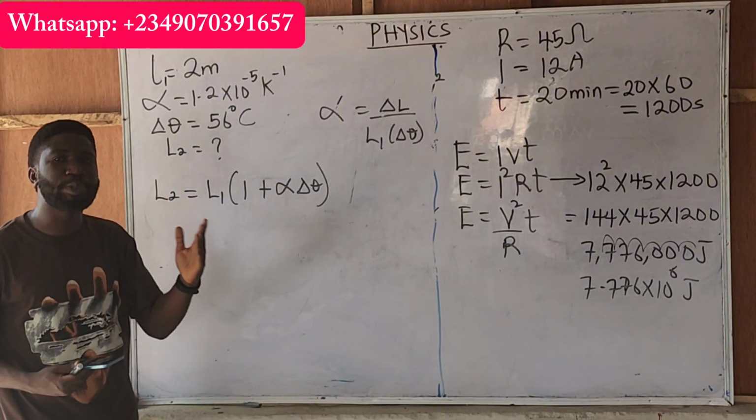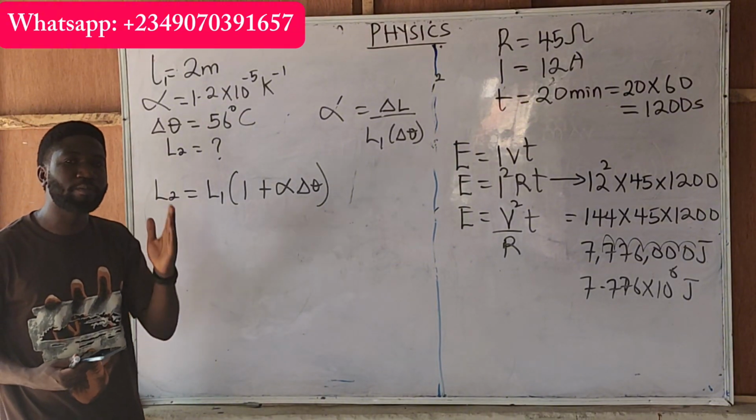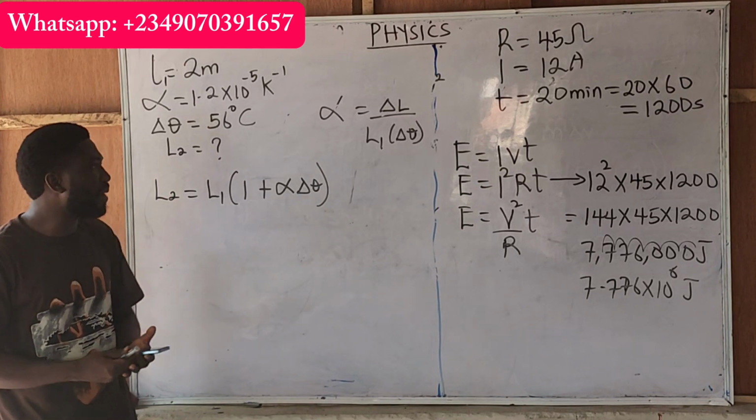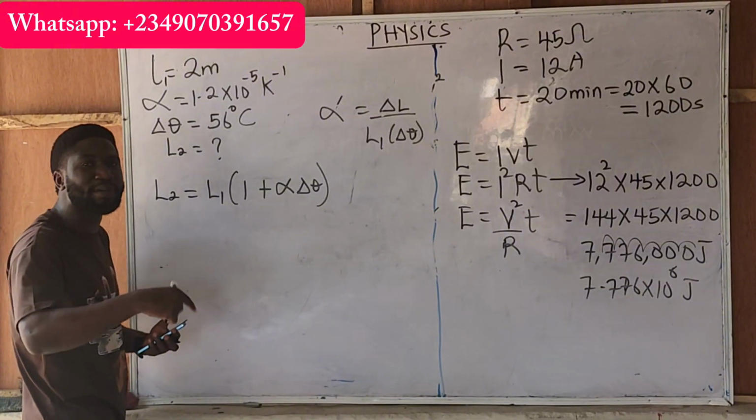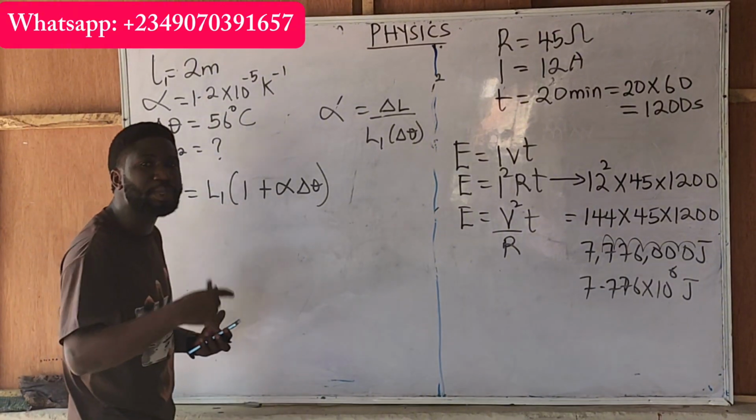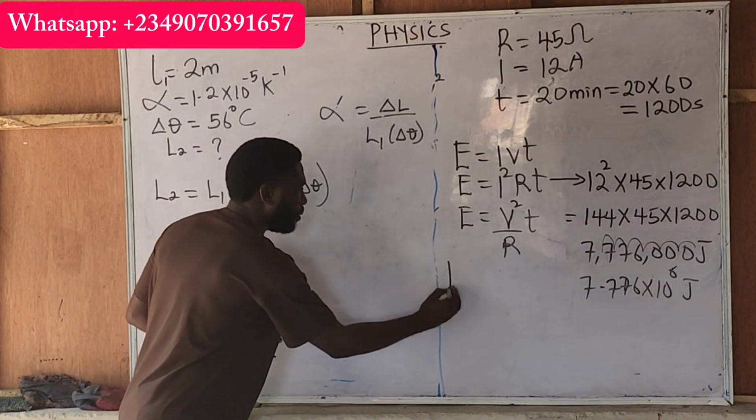In case you want to do for A2, that is for the area now, we do not deal with linear expansivity, but we deal with the area expansivity, also known as the superficial expansivity. This is the symbol.